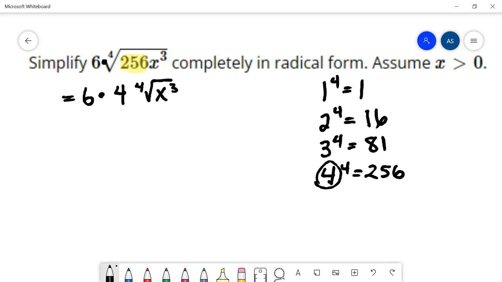Now the reason why I'm leaving that inside of the radical is because the power on x is lower than the index here. If this power on the variable was higher, then I'd be able to simplify that radical. But since it's lower, we're going to leave that alone. So to finish simplifying this problem, we'll do that multiplication. 6 times 4 is 24, and the 4th root of x cubed.